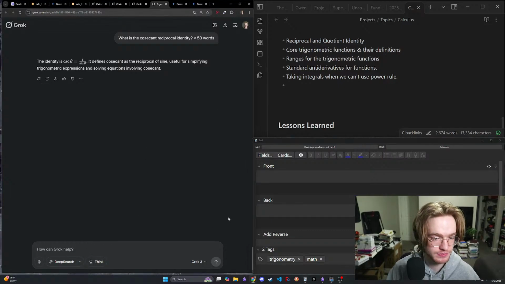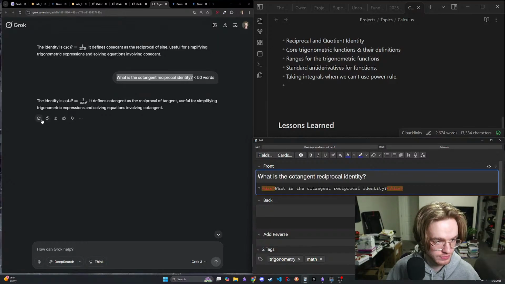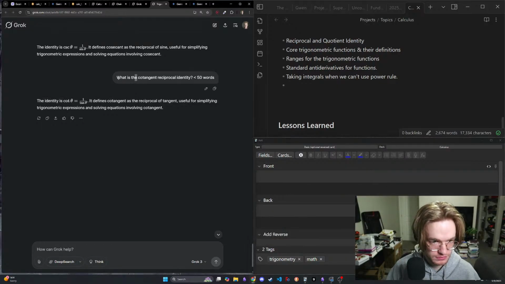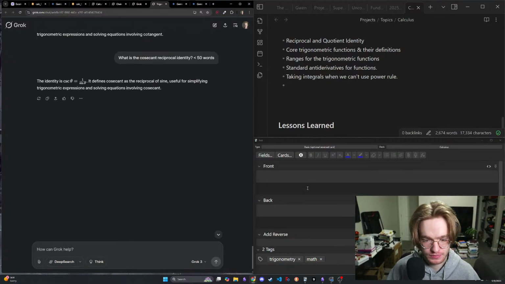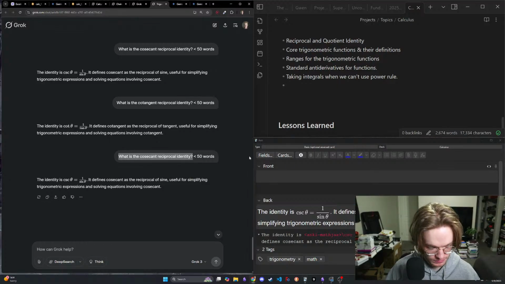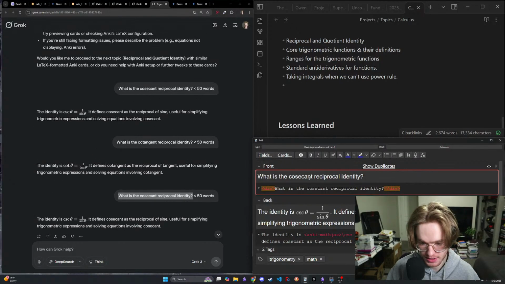Okay. Then we're also going to do cotangent here, and cosecant. Oh, secant. That's the one I'm missing.